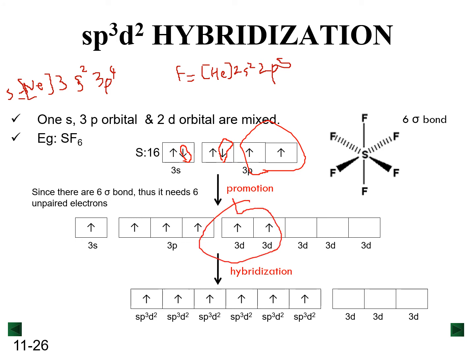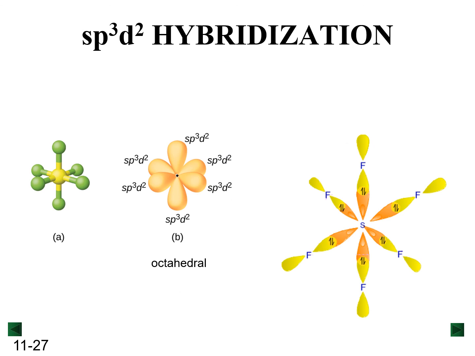So 1s mixed with 3p orbital and 2d orbital, forming 6sp3d2 orbital that has unpaired electrons. 1s orbital mixed with 3p orbital and 2d orbital, forming 6sp3d2 orbital, and the orientation for 6sp3d2 orbital is octahedral, and 6sp3d2 hybrid orbital of S overlap with 2p orbital of F, forming 6 covalent bonds.